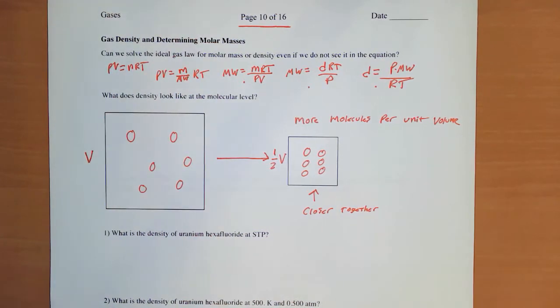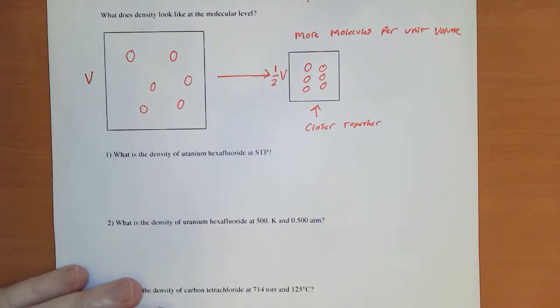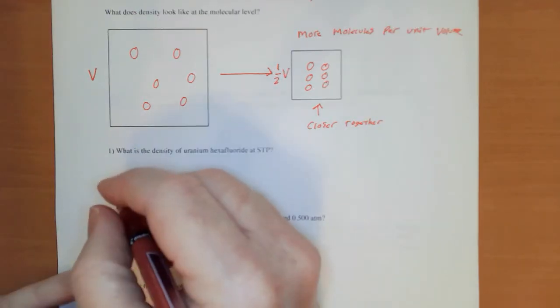Now, of course, we are assuming when we do something like this, we are not changing the temperature or other factors like that. Okay? All right, so mathematically, we've actually seen some questions like this before in Honors Chem, but we'll run through a few of them just so you can get an idea.